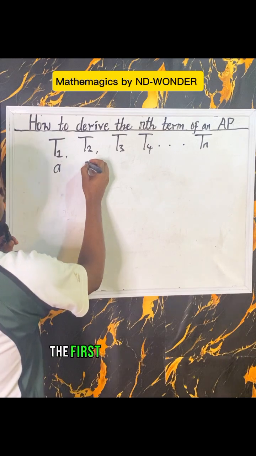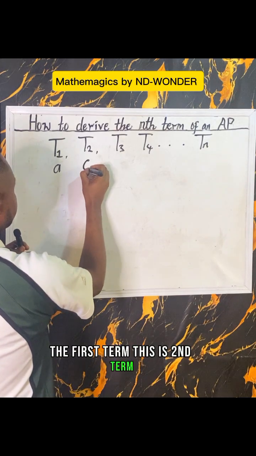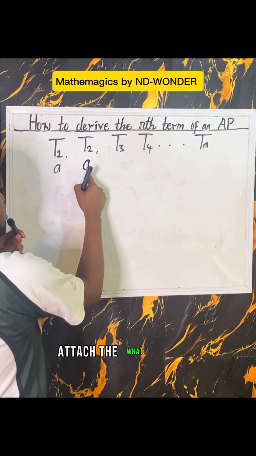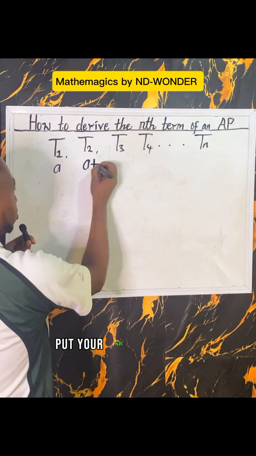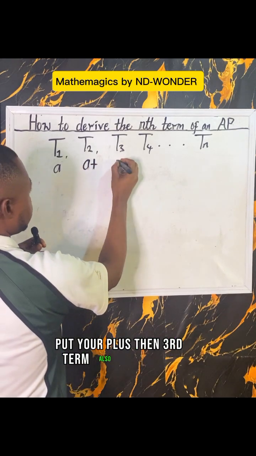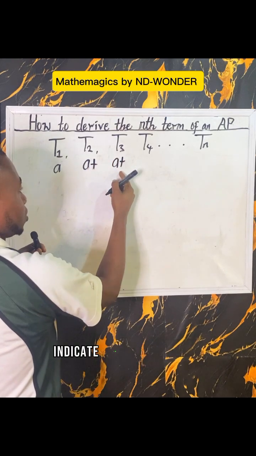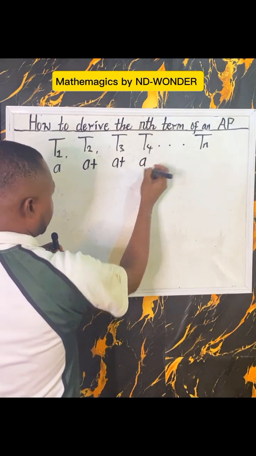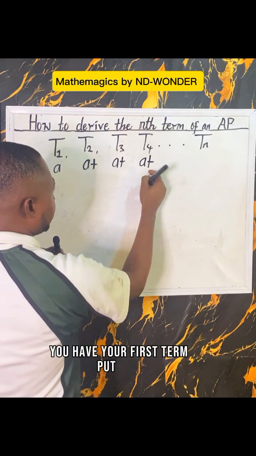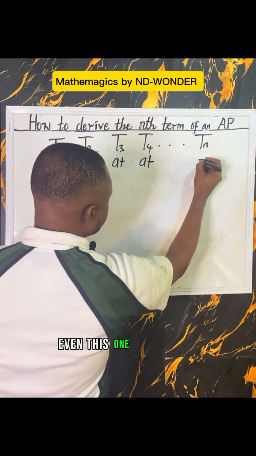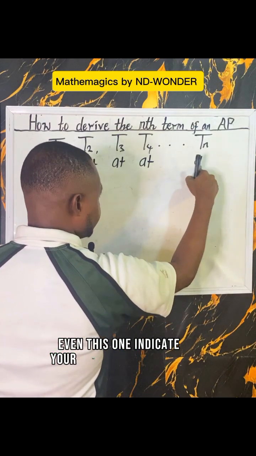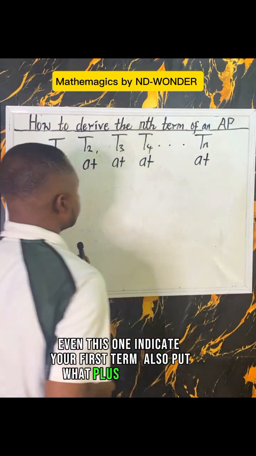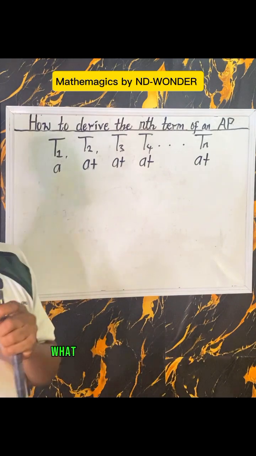Here, the first term, this is the second term, attach the first term to it, put your plus. Then the third term also has your first term, indicate your plus. Then the fourth term, you have your first term, put plus. Even this one, indicate your first term, also put plus.